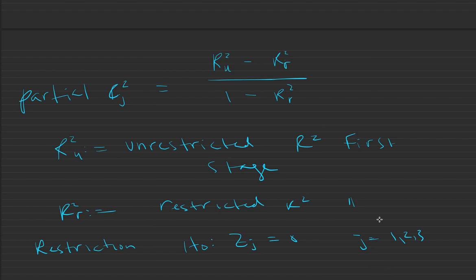So we're using this partial R squared as there is concern for the amount of marginal variation in y2 that is explained by these excluded instruments z1, 2, and 3.